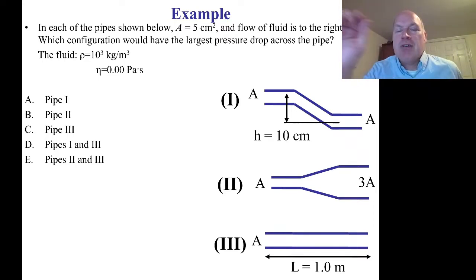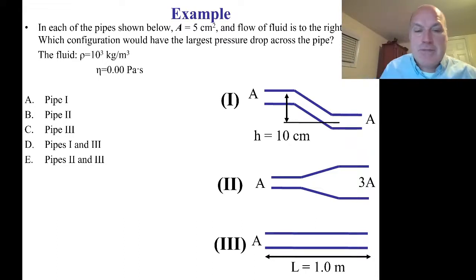That straw is horizontal. There's the atmospheric pressure on the output. There's the pressure that you're applying on the input. You get a volume flow per second. Once you see tubes going up and down, once you see tubes changing diameter, it's going to be Bernoulli's equation.